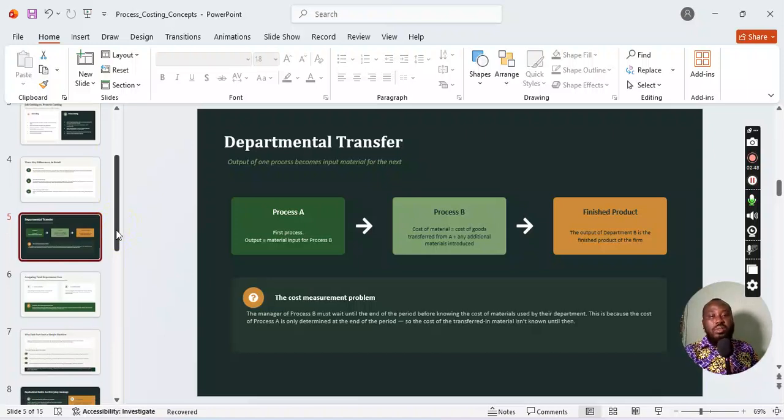Now, when we look at process costing, like we can see in this diagram here on the screen, the output of one process becomes the input to another.